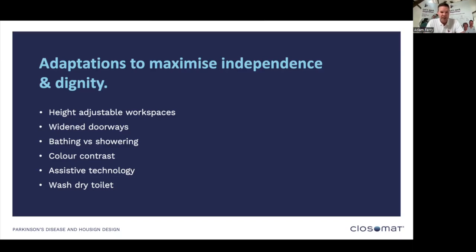A bit like the last slide, I put bathing versus showering in there just to really stimulate the discussion. So don't assume that a wet room or the level access shower is the way to move forward immediately. And the reason I'm saying that is nothing really to do with safety. It's around what the person finds meaningful to them.